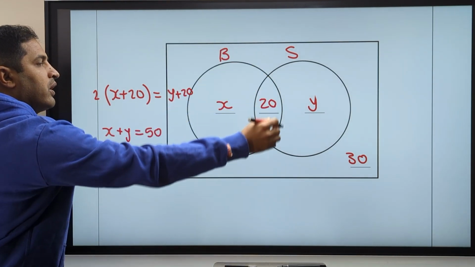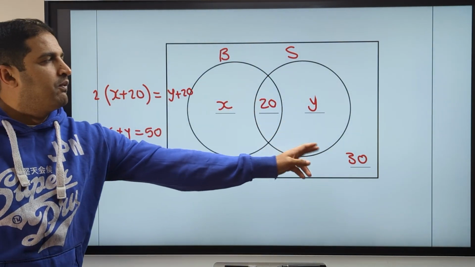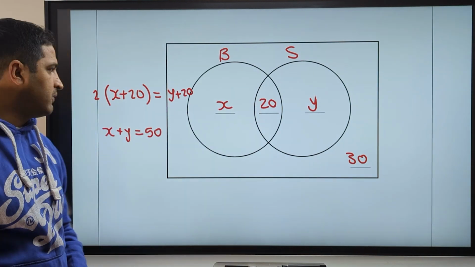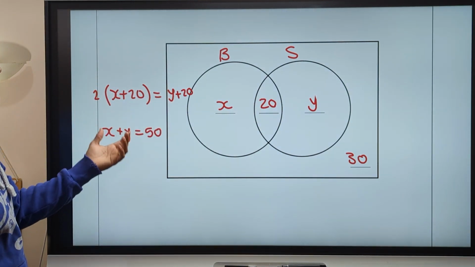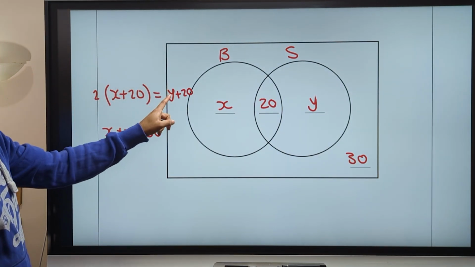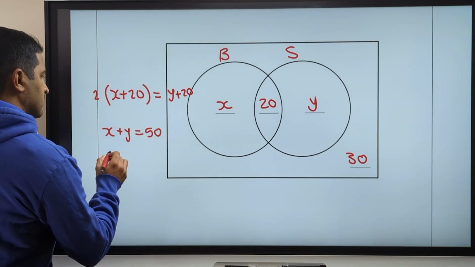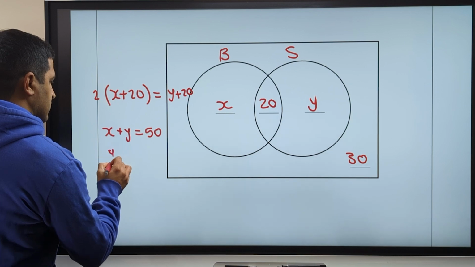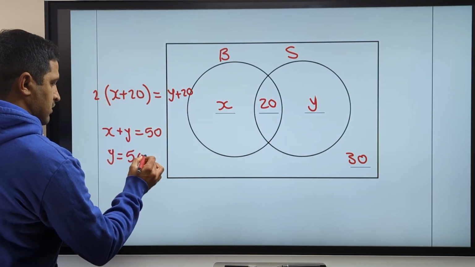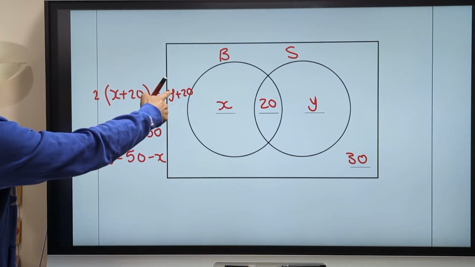Why? Because all 4 numbers add up to 100. So if these are 50 already, these two should add up to 50. So these are the two equations that we have. So I can write down the y as 50 minus x. That's what I can write down here.